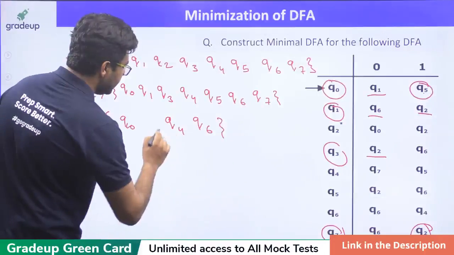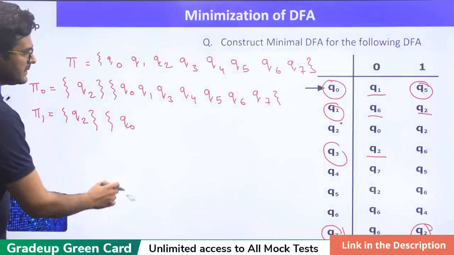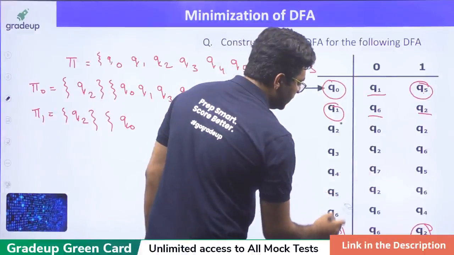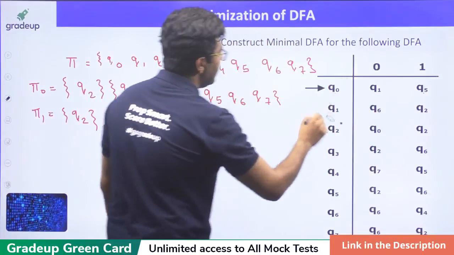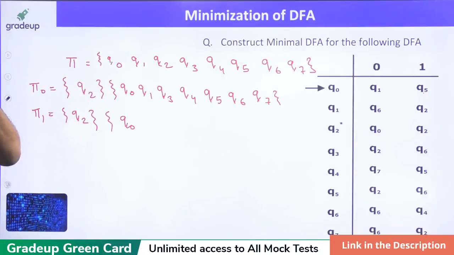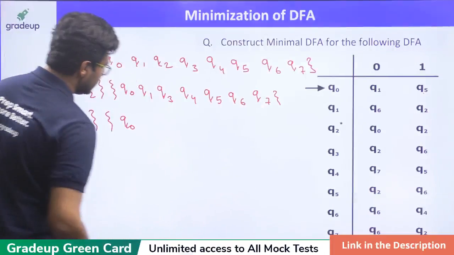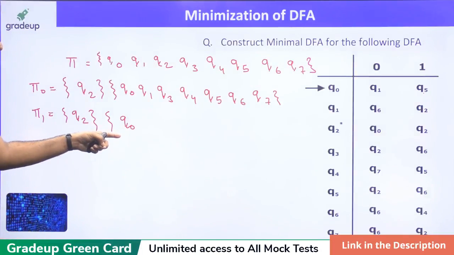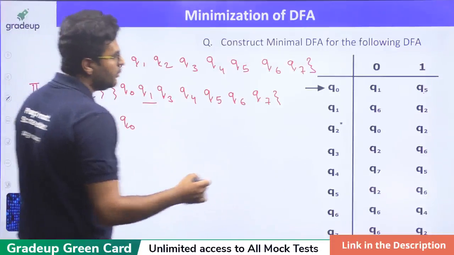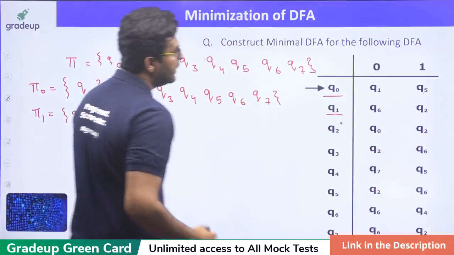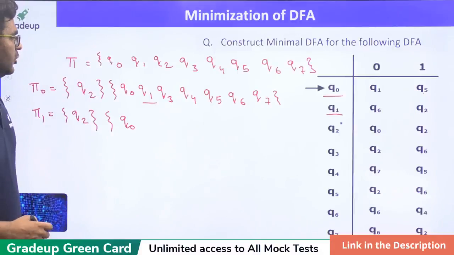Let me solve it again for you, as things are becoming wrong. Let me retrace the things. At the Q0 state, we are checking Q1. After checking Q1, what will happen?